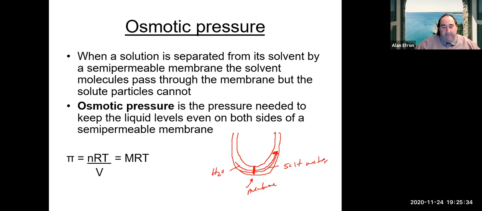At some point, those water molecules coming across the membrane will stop. That's when it reaches osmotic pressure, because pressure from the atmosphere is pressing down on it and stops that flow of water molecules from one side to the next.